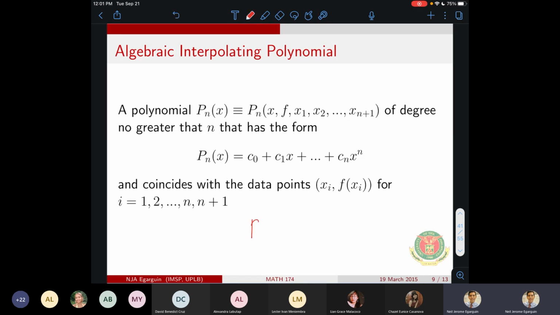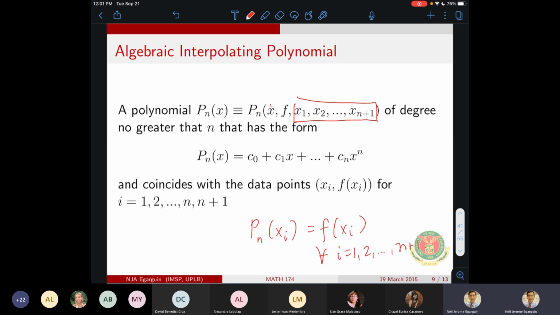So in short, we want p sub n of xi to be equal to f of xi for all i from 1 until n plus 1. So dapat parehas sila ng function value sa lahat ng given x1 until x sub n plus 1.